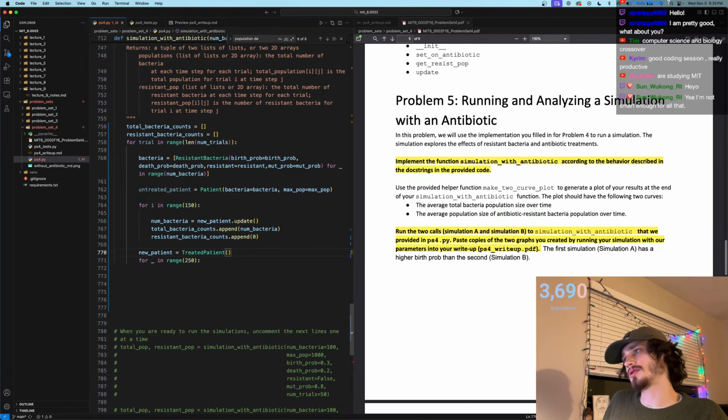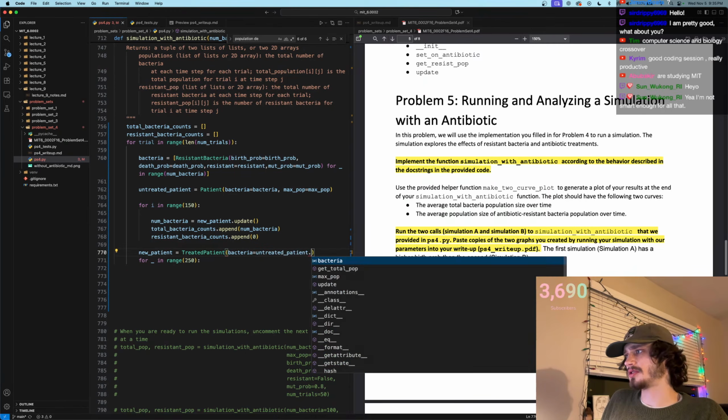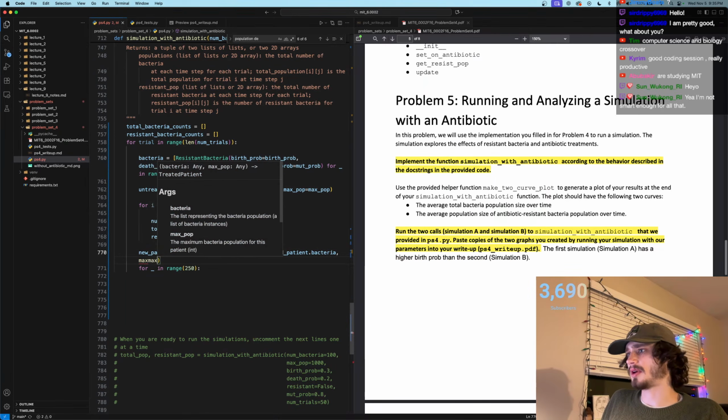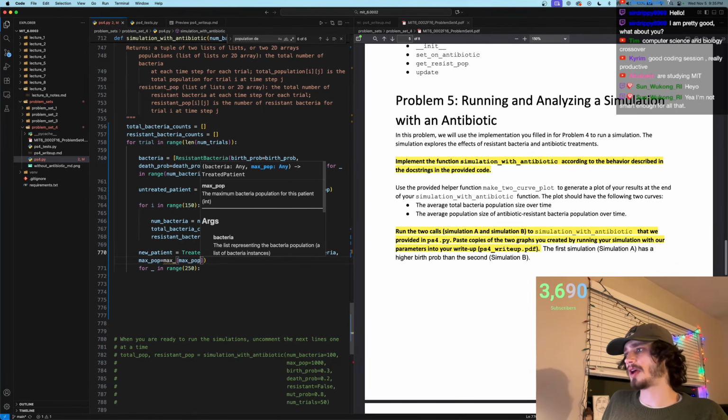We're going to create a treated patient. We're going to call bacteria equals untreated patient dot bacteria, and the max pop equals max pop.